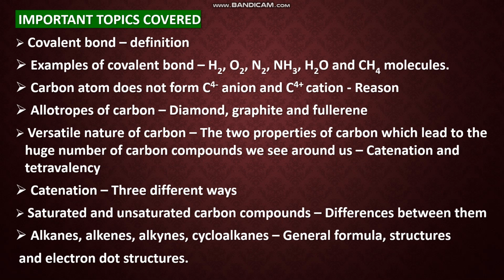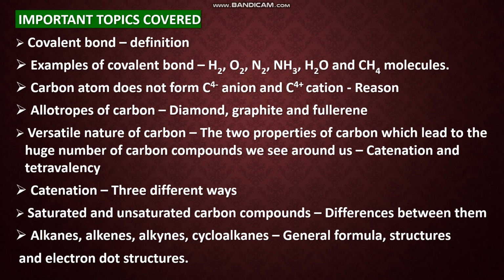Such a species is very difficult to form. That means a lot of energy is required to remove the 4 electrons from the carbon atom. So C4 plus cations also cannot be formed. That's the reason it forms covalent bonds by sharing electrons between the atoms.